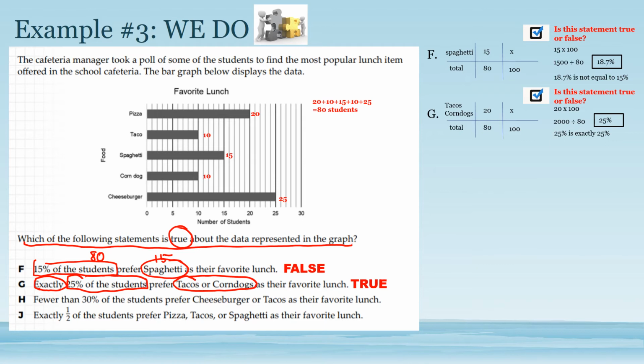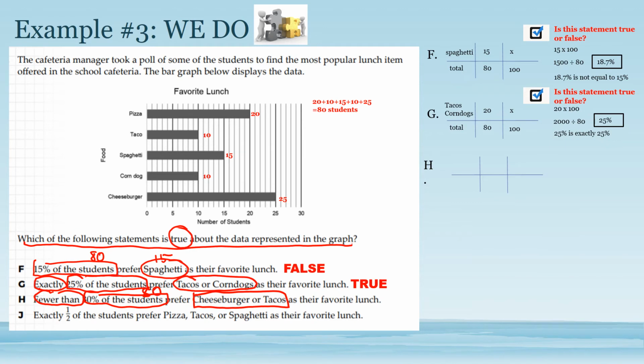H. Fewer than 30% of the students prefer cheeseburger or tacos as their favorite lunch. So we know fewer than 30% of the students, we know there's 80 students, like cheeseburger or tacos as their favorite lunch. Remember, we are doing percent.